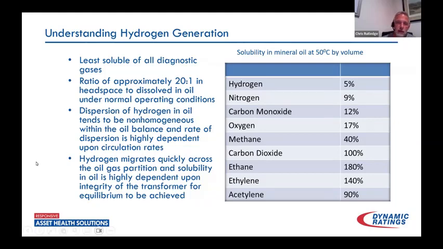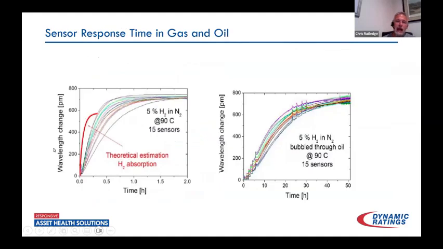So it's not just my word, but when we start looking at how quickly that max level of hydrogen is detected. So when we look at these two graphs, this one on the left was a gas phase measurement. We're injecting 5% hydrogen in a nitrogen base.